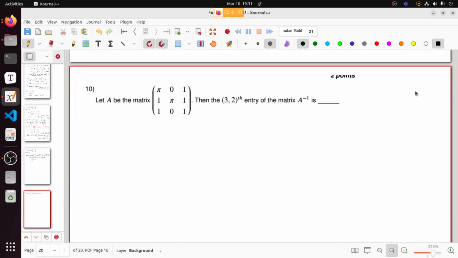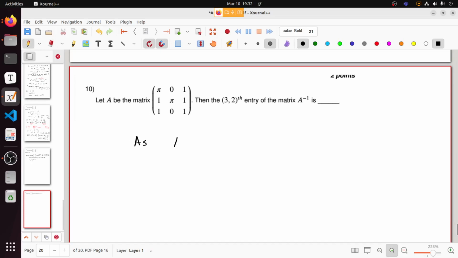Okay. A matrix is given, then you have to find the 3-2th entry of the matrix A inverse. So if a matrix is given, how to find the inverse? You have to first check that this is invertible, right? As it's saying that you have to find the inverse, it means the matrix is invertible.